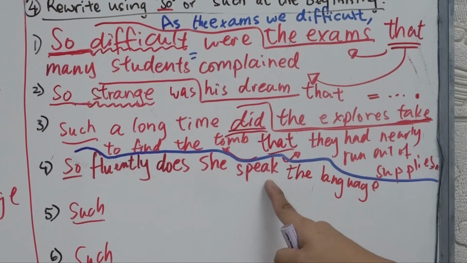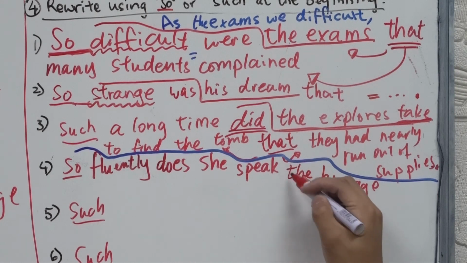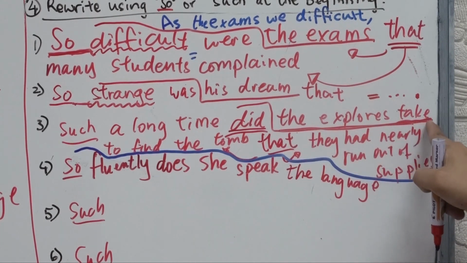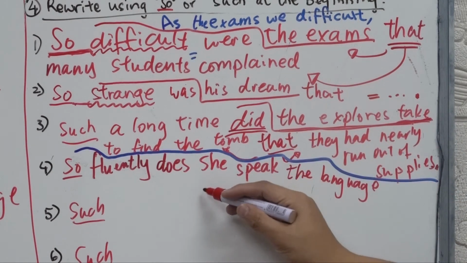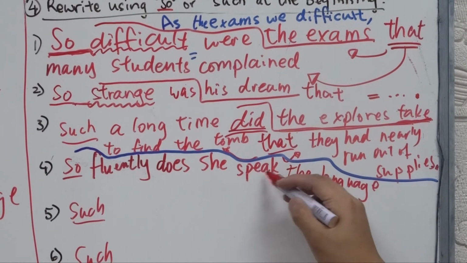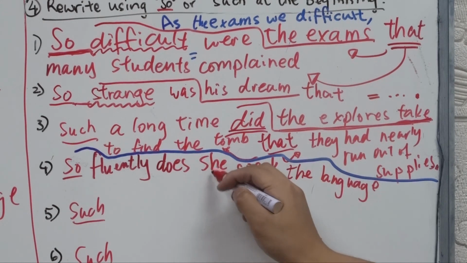She speaks the language so fluently. The S here has been gone, right? Similar to the top part here. Took becomes take, and then you put the past over here. So similar here. She speaks. So the simple present tense is gone, and we have to put it in behind the subject.